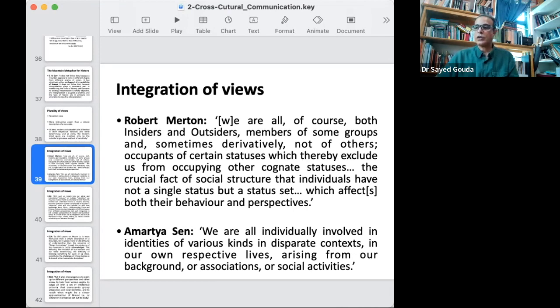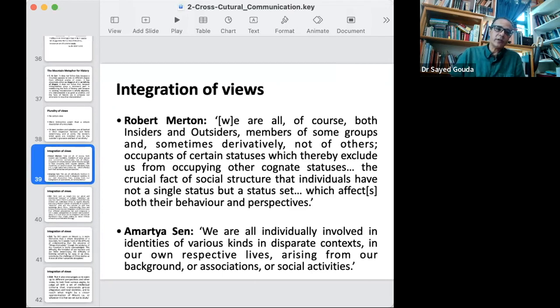It's not only that if you are Chinese, then this is your identity, but you are also Asian, an identity you add to your first identity, and so on. An English guy is English, but he's European, and he's Western, and so on. Amartya Sen also says that we have different identities, and that's why understanding and explaining history is not an easy thing.